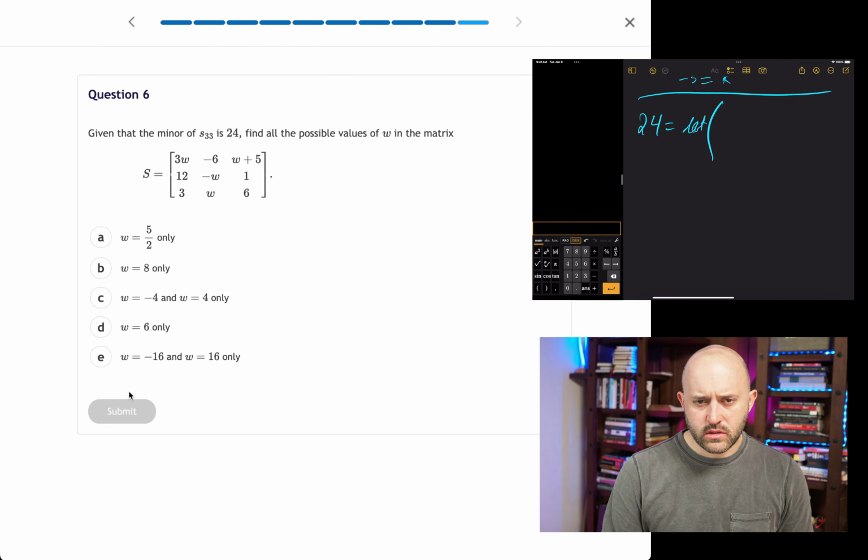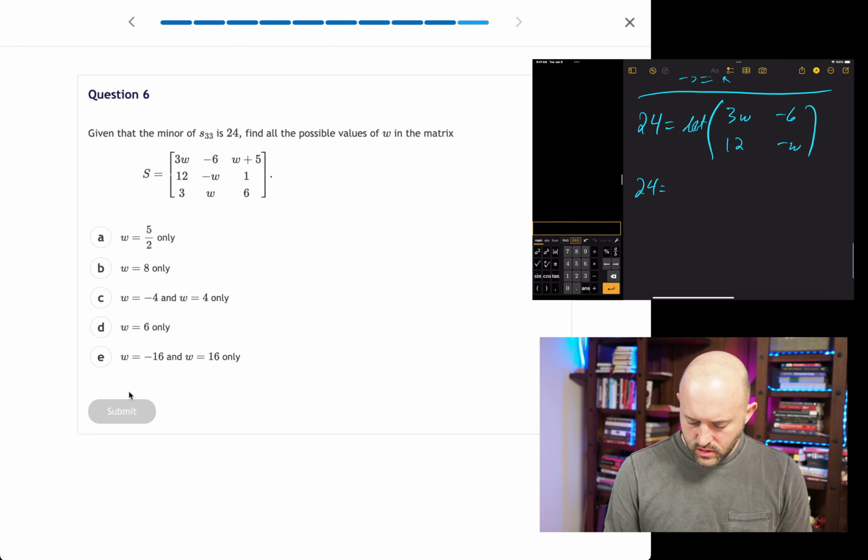So 33 is the third row, third column, so just the upper left-hand quadrant is what we're dealing with here. 3W, negative 6, 12, negative W. 24 equals negative 3w squared minus, well, so it would be plus 6 times 12 is 72.